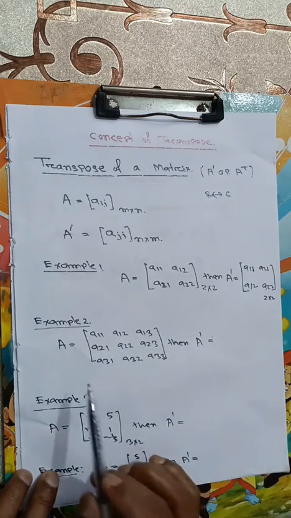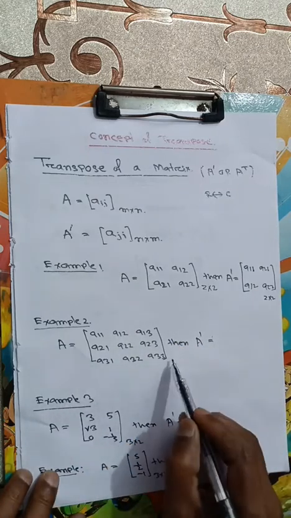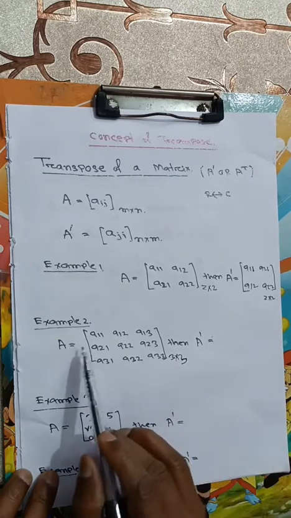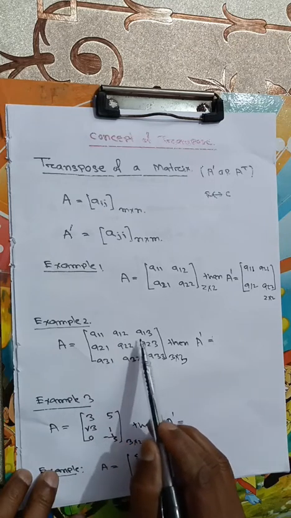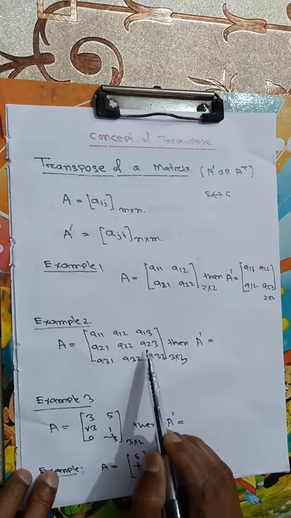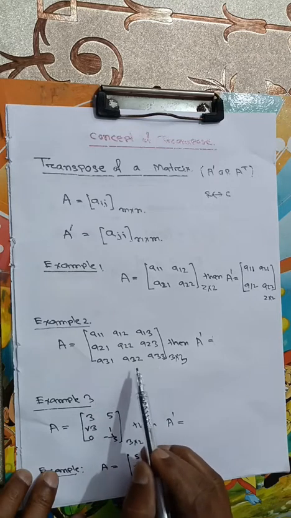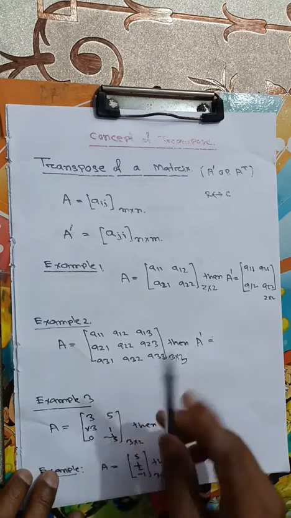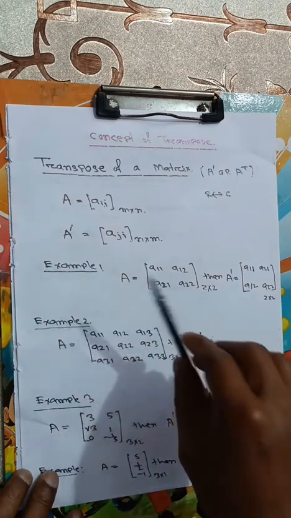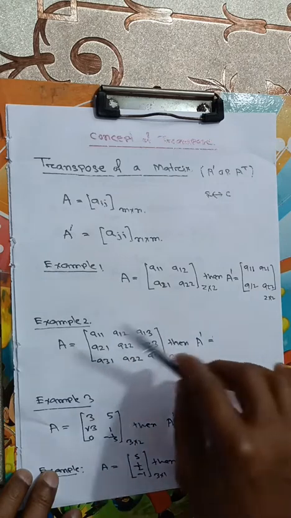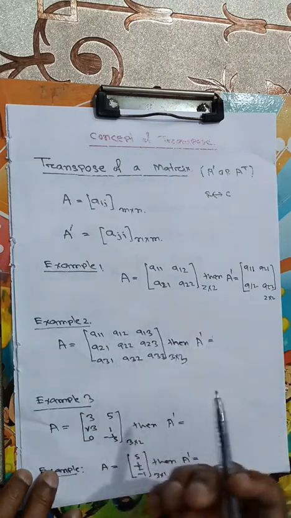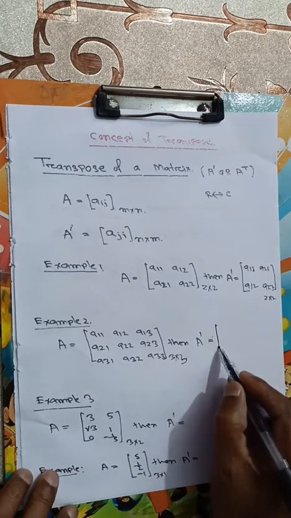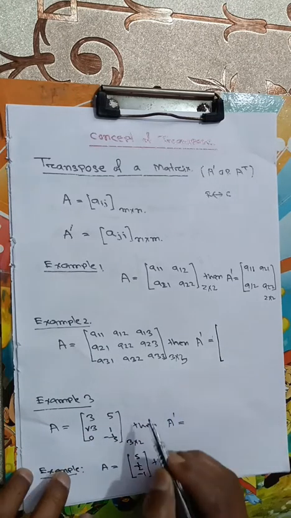Similarly, we take another example. A is a matrix of order 3 into 3. Elements are A11, A12, A13, A21, A22, A23, A31, A32 and A33. If we change this row to column, and this row to column, and this row to column, that means if we interchange the rows to columns, then we get a new matrix which is denoted by A dash.